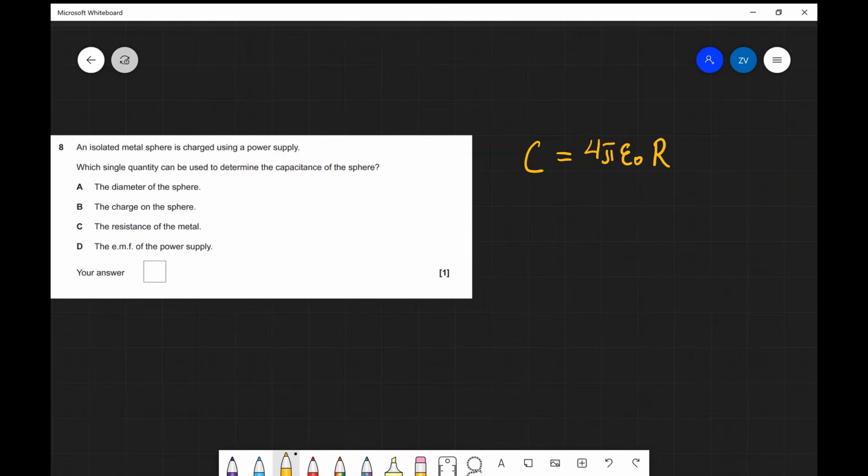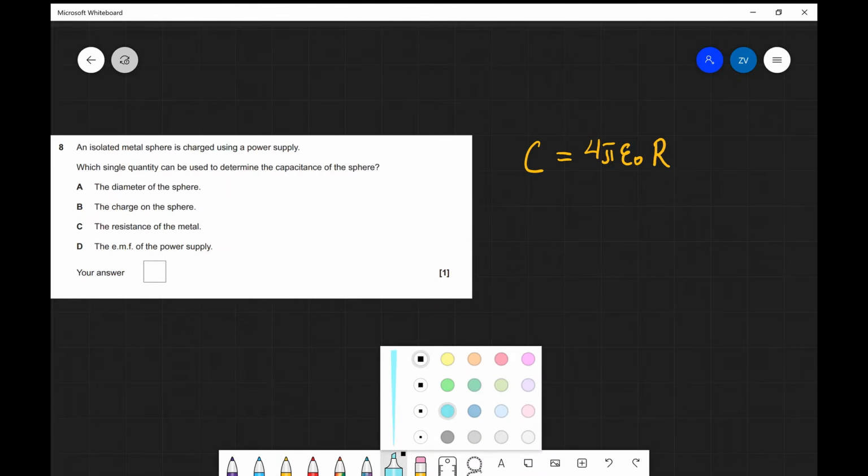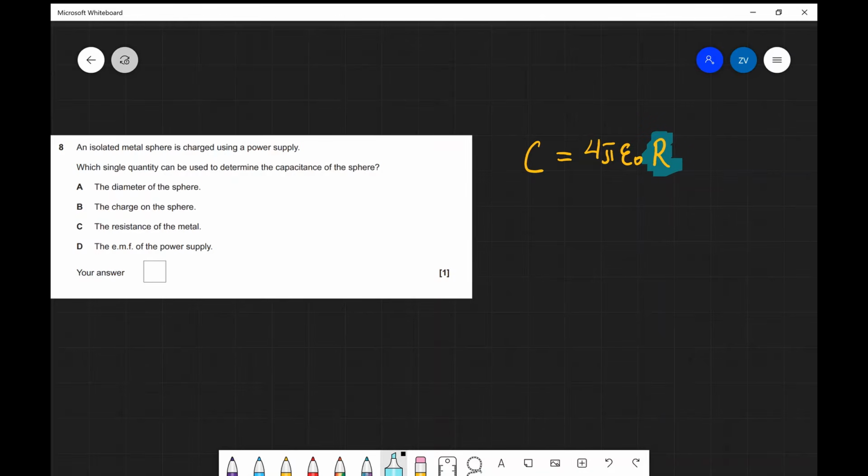Now, there's a little bit of a trick to this question. This R over here is really easily confused with resistance, but in fact that's the radius of the sphere. So that's really important. So the capacitance of a sphere can be determined only by knowing its radius or diameter, which is the radius over 2, which is absolutely fascinating.